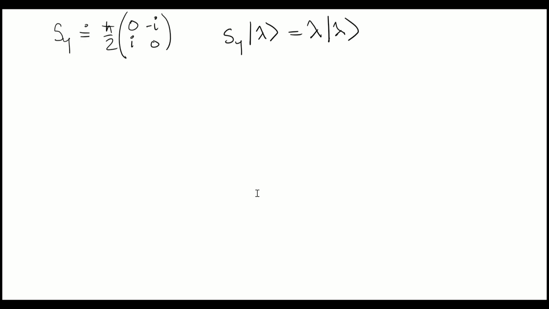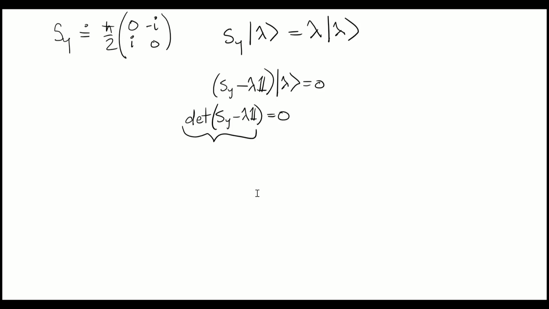If we bring everything over, this ends up being S sub y minus lambda times the identity matrix times that eigenvector equal to 0. And as we just discussed, this has solutions if the determinant of S sub y minus lambda times the identity is equal to 0. So essentially, that's what we have to do.